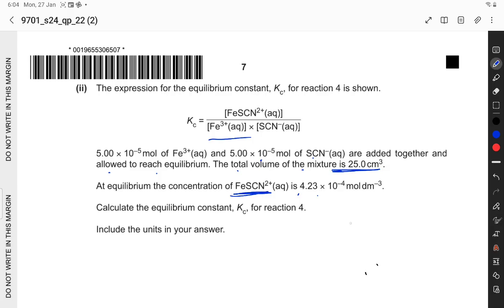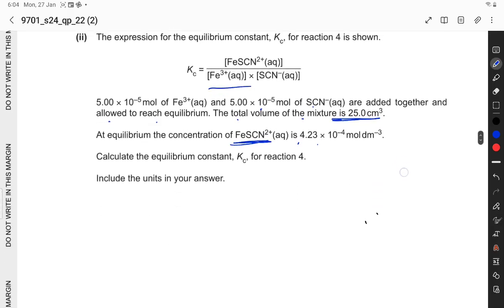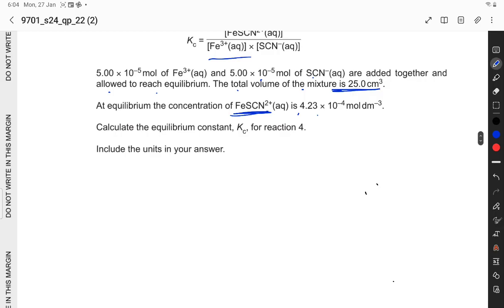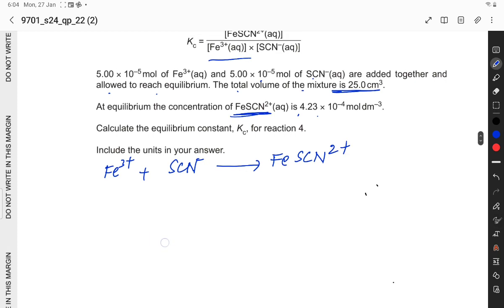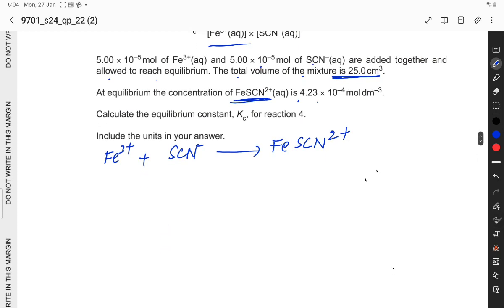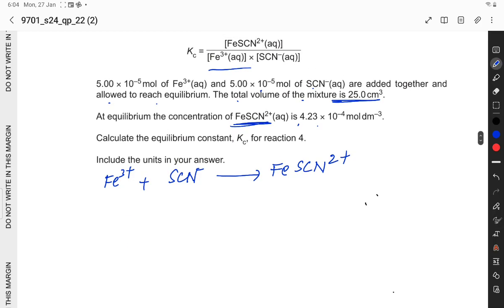Calculate the equilibrium constant Kc for the reaction. So this is the expression: iron 3 plus SCN negative to form the product.